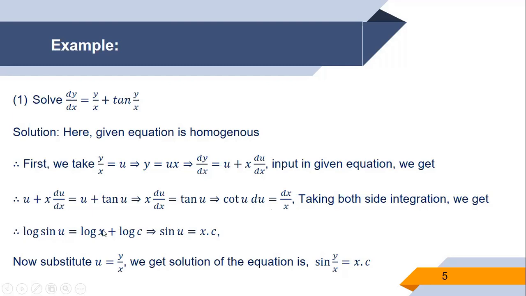The integration of 1/x is log x, and we consider plus log c. So therefore sin u = xc. Now u is replaced with y/x. So the required solution of the given equation is sin(y/x) = xc.